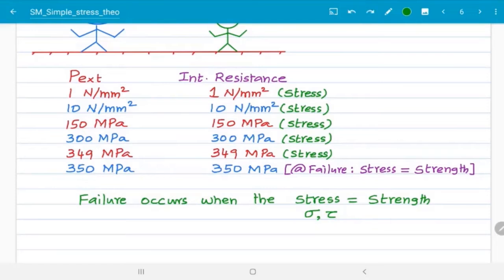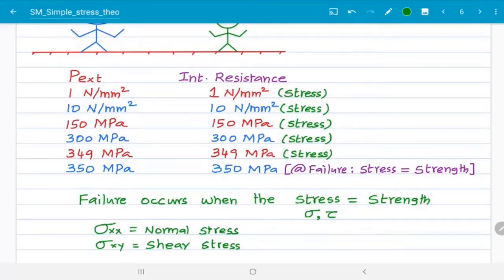Based on the suffix, we will decide whether it is normal or shear. For example, sigma xx is normal stress. Sigma xy, different suffixes, means shear stress. So symbol is not a matter, suffix is a matter.